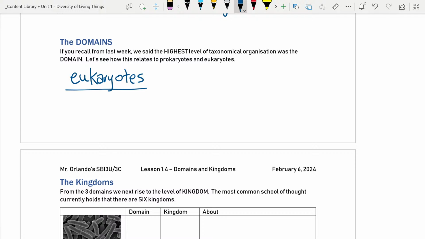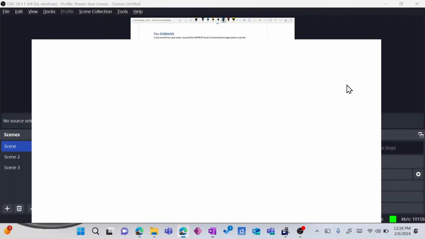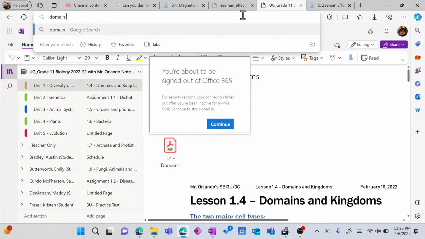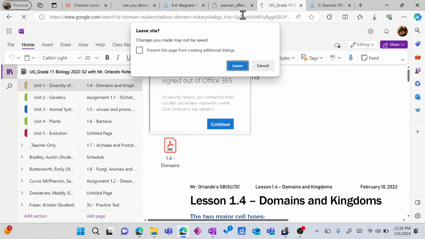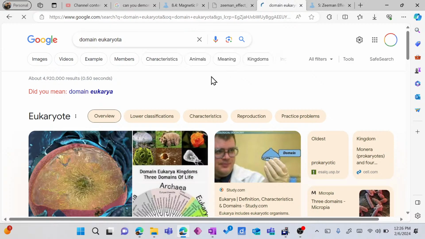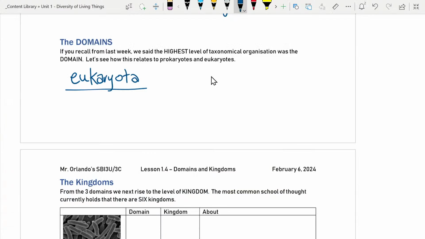And I suppose I should say eukaryota instead of pluralizing it, and then we don't know the short form. Oh, eukarya. Pardon me. Just eukarya. Eukaryote is the adjective form. Sorry about that. So domain eukarya, these are the eukaryotes. These contain everything with eukaryotic cells.